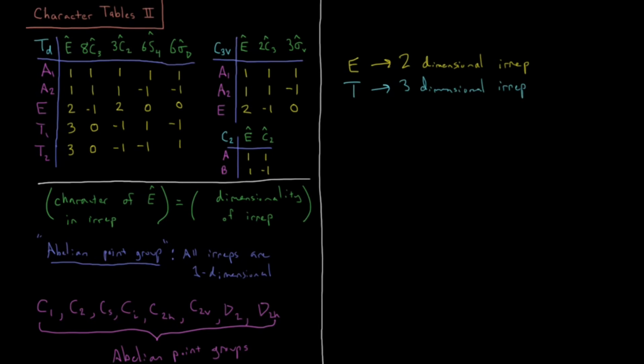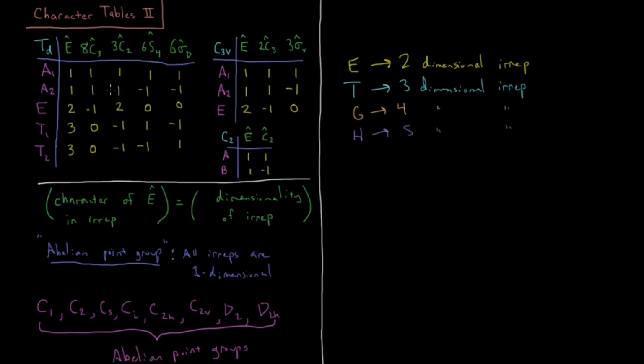There are others as well, things that you probably won't see in most molecular point groups, but I'll mention them: G is a 4-dimensional irrep, H is a 5-dimensional irrep, and there are other things as well.